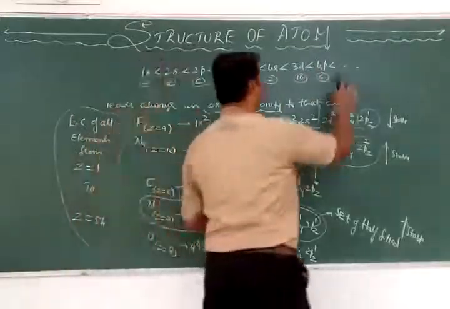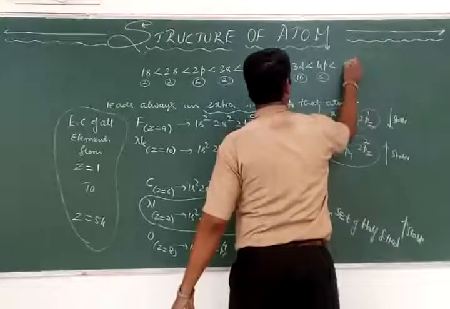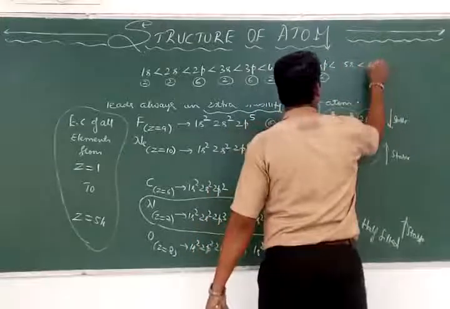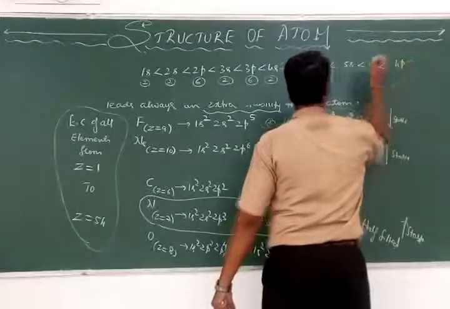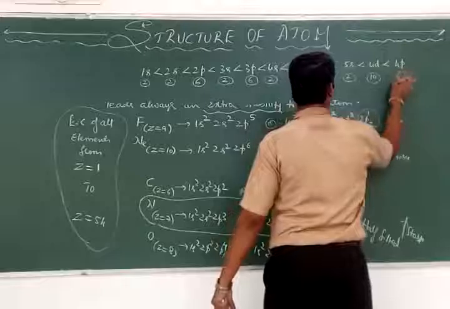After 4p we will have the 5s, and after 5s we have the 4d, and then 5p. This is 2, this is 10, this is 6.